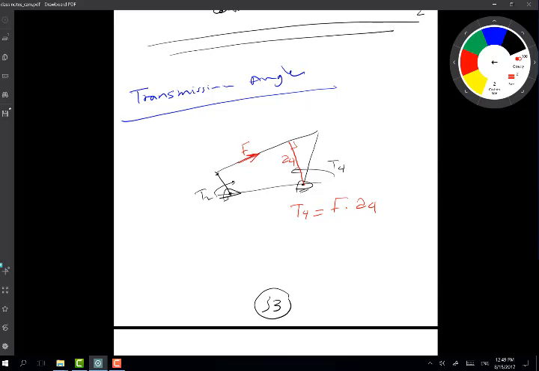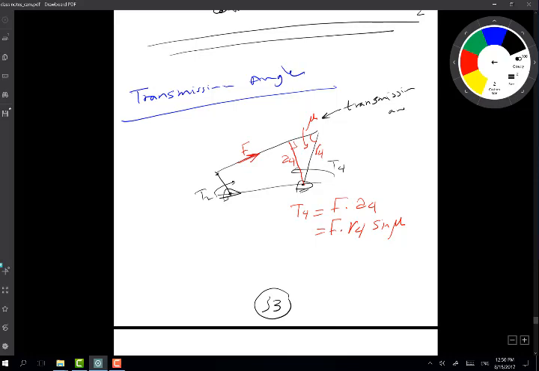Now, if this angle here is mu, and this length is fixed, R4, the force is F, and A4 is simply R4 sine mu. So this is the transmission angle here.